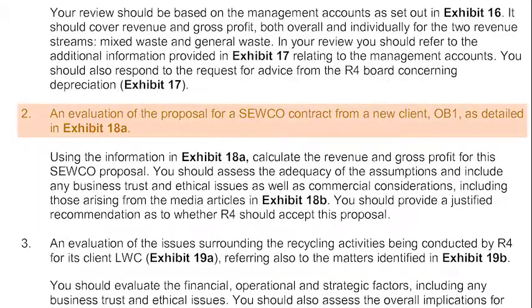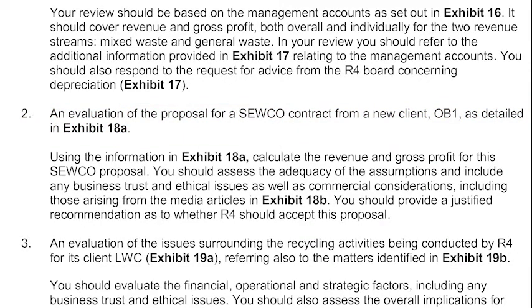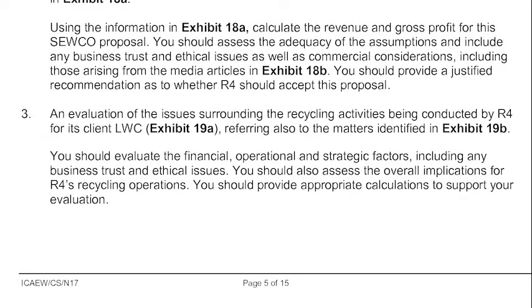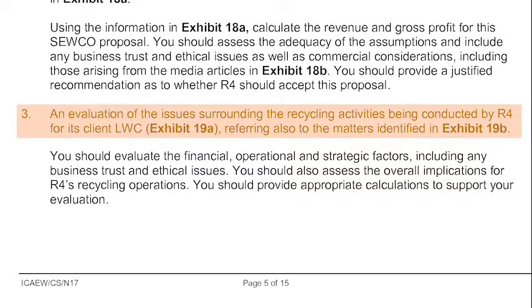Financial data analysis, which is the review of the transaction that the company is considering. And 3. Operational and strategic analysis and business trust and ethics, which is the discussion of the company's strategic development initiative, together with business trust or ethical issues that it may be facing.